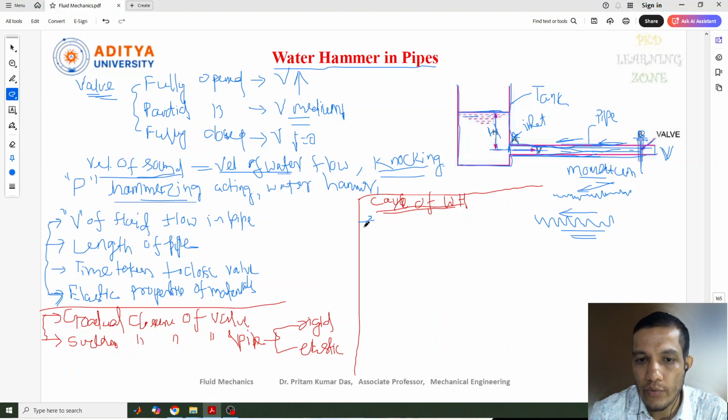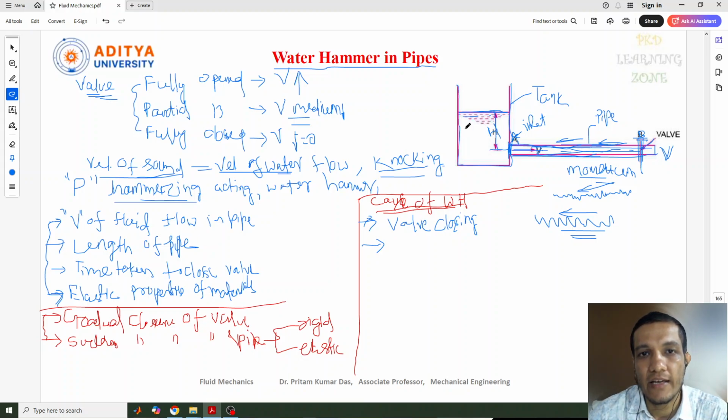As already I told you, one point you can see is the sudden closure of the valve. Just write the short form, valve closing. Second is, if suddenly the pump is shut down, or suddenly at the inlet part there is any kind of closing. This is one condition I have told.